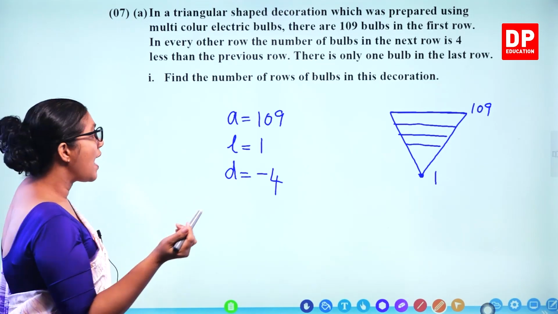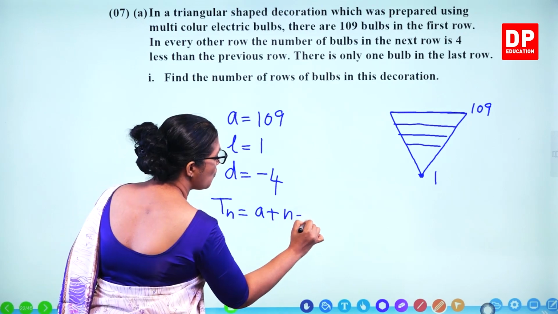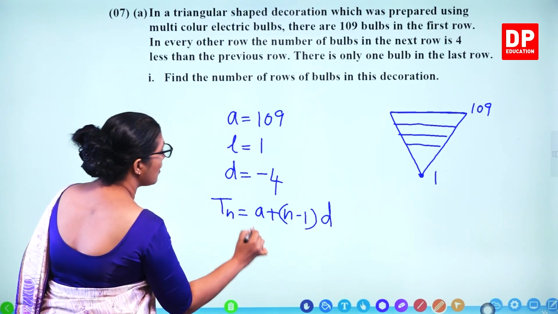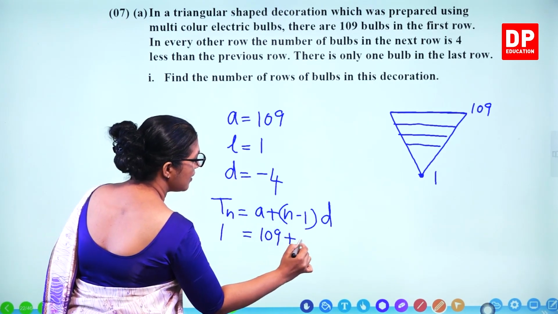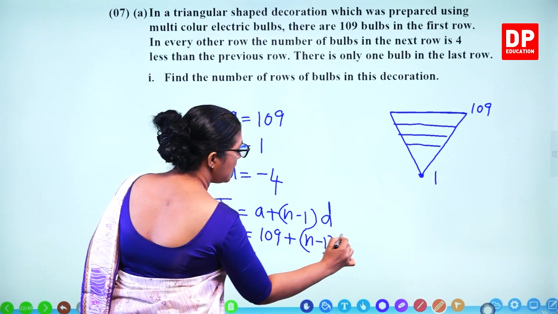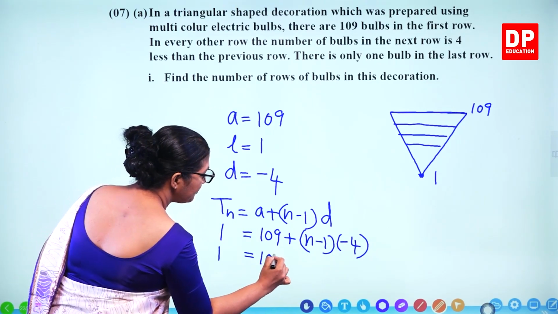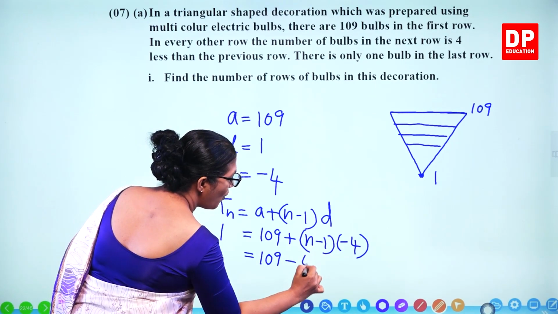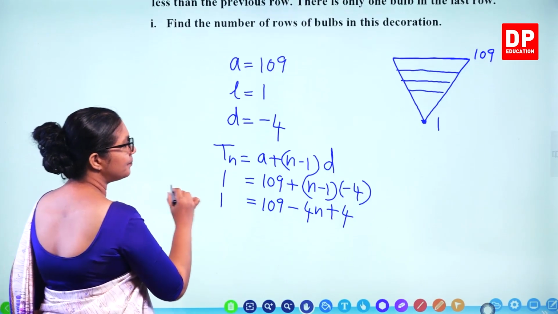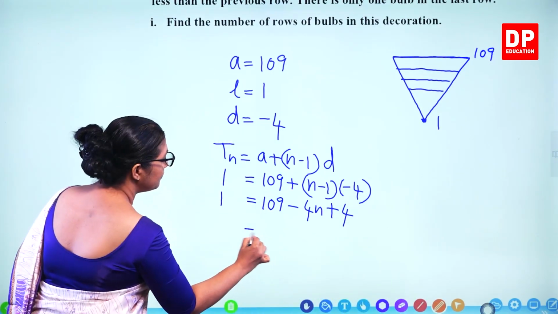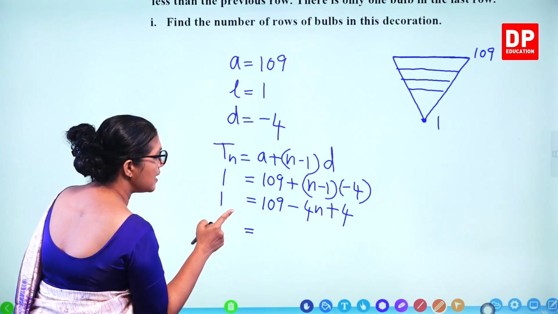You can use the nth term formula: Tn equals a plus (n minus 1)d. The last one is 1, the first one is 109, and d is minus 4. Open brackets. Minus 4n, minus minus, plus 4. So simplify. You get 109 plus 4, 113.